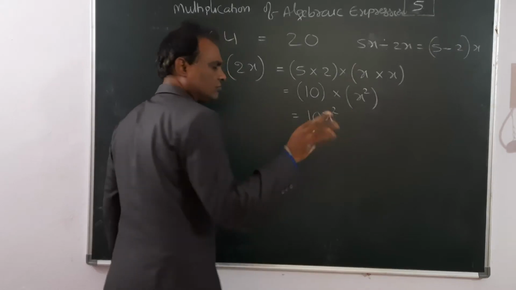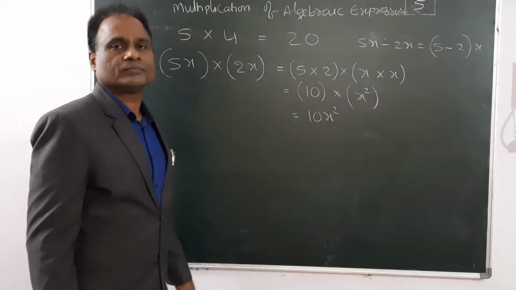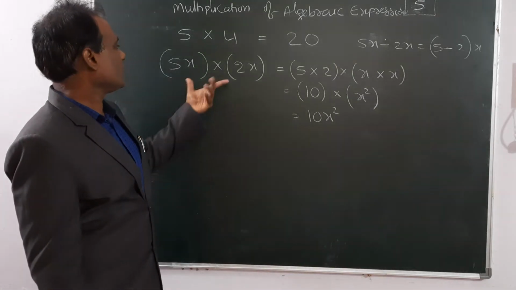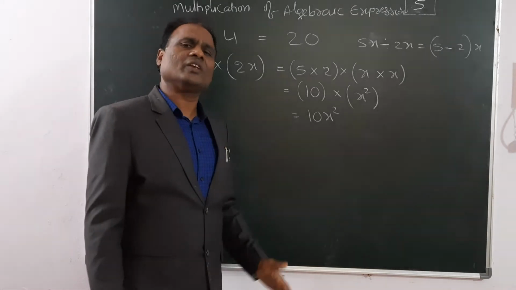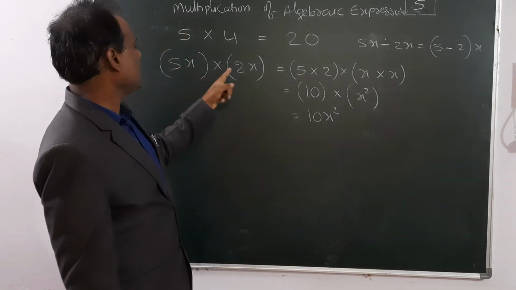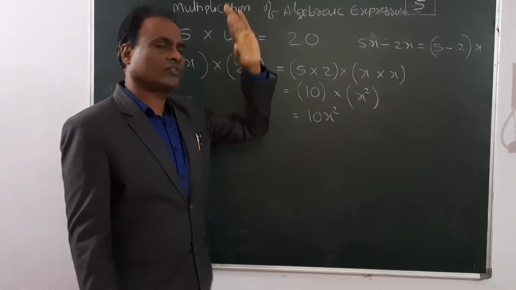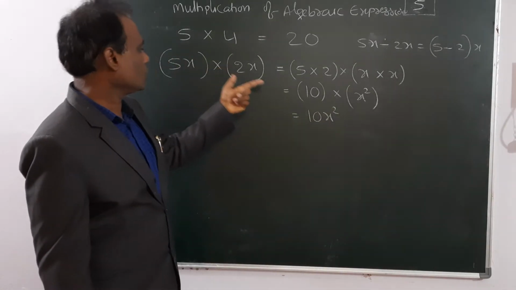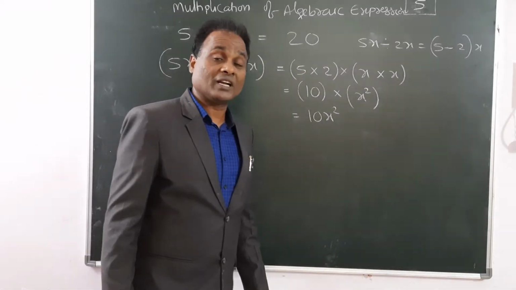That's all, no further simplification. This is the multiplication. Here I wrote the full steps, but directly also you can write: multiply coefficient with coefficient, 5 into 2, 10, x into x, x square. Simple. This is multiplication.